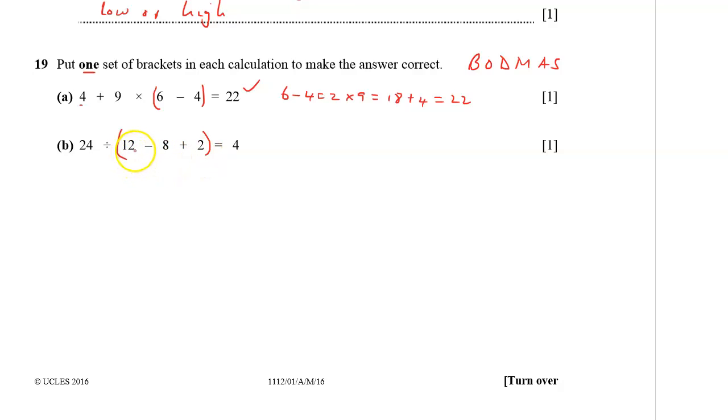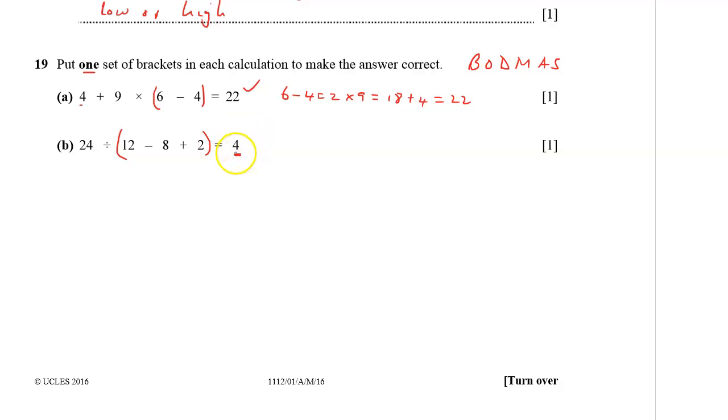So when I evaluate this first, I'll get addition. This plus this will give me 10. And 12 minus 10 will give me 2. Right? And 24 divided by 2 is not 4. Okay. So where is this?